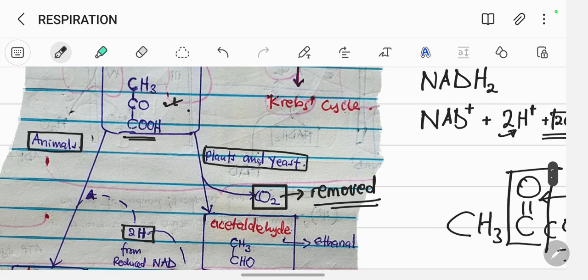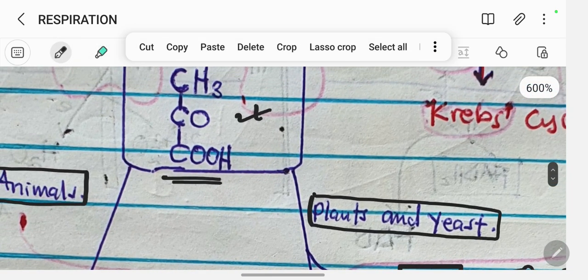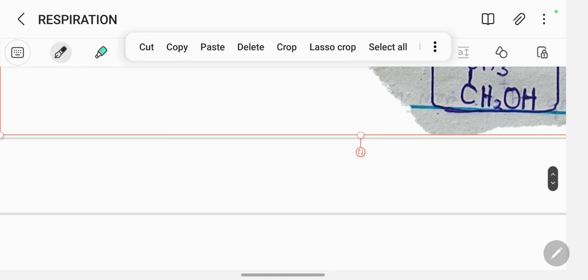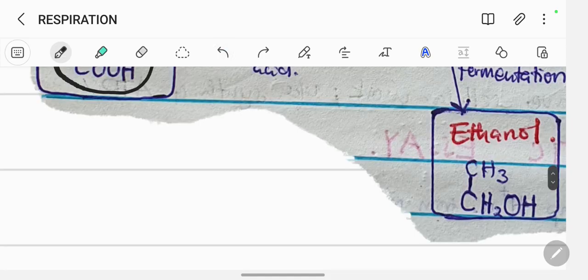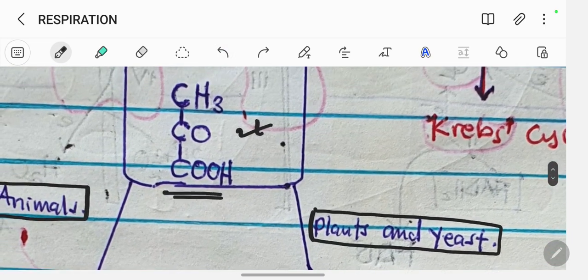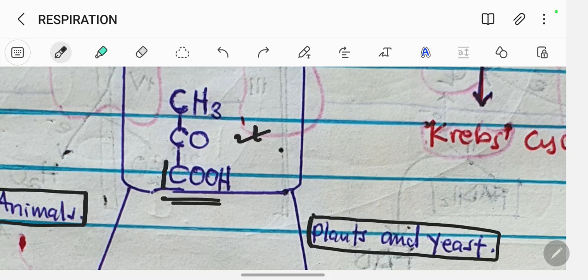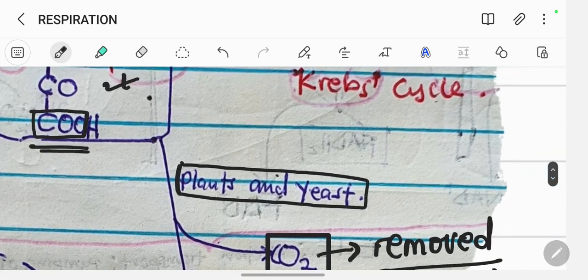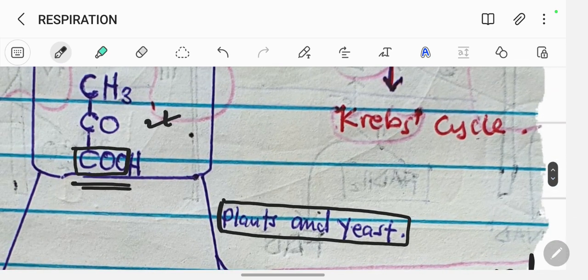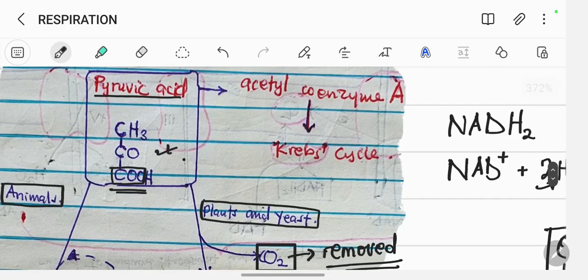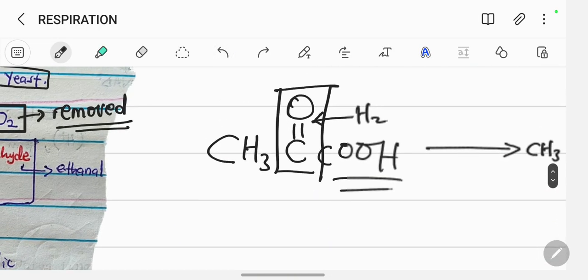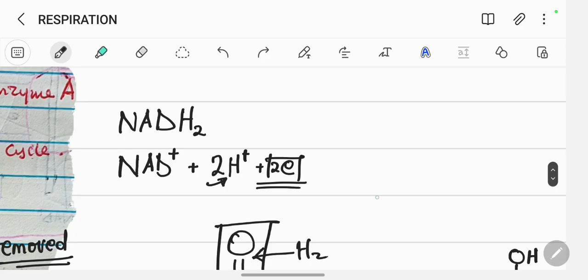So as we remove this carbon dioxide, take it that this part is what we've removed. We remain with what? Okay, let me illustrate it here. So this one happened in animals.